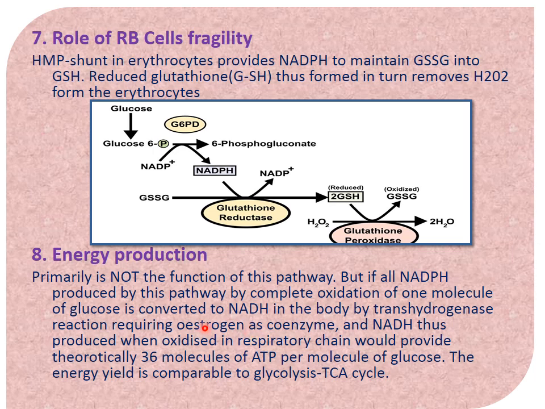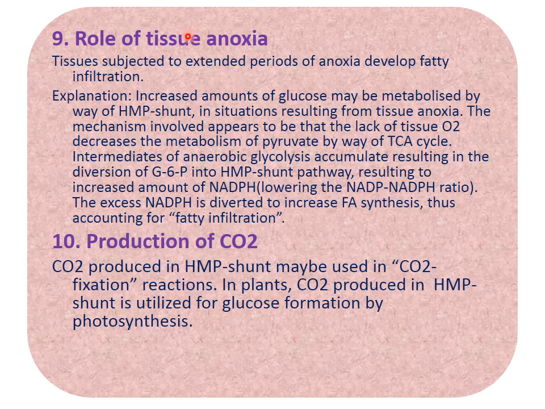So theoretically 36 molecules of ATP per molecule of glucose are produced here, which is comparable to glycolysis and the TCA cycle. Though glycolysis and the TCA cycle are the important cycles for energy production, this is not utilized for energy purposes, but still, due to the synthesis of NADPH, 36 molecules of ATP are synthesized here. Then it plays an important role in tissue anoxia.